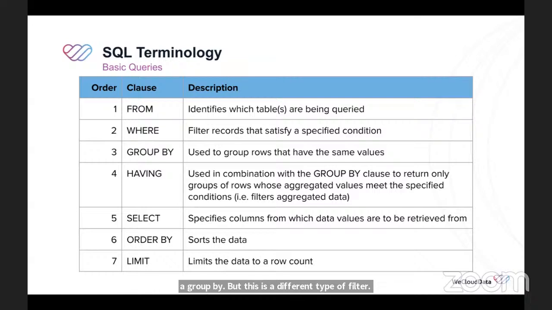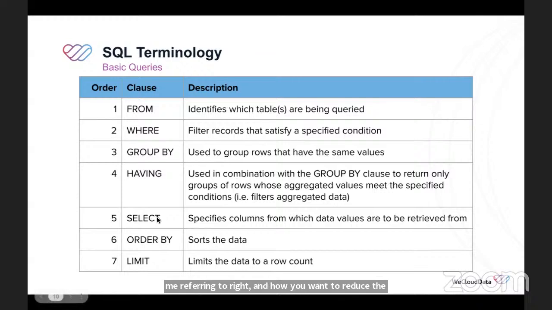It's also a row-wise reduction, but the difference between having and where is when we use it and which columns we can use them on. Okay, so again, we'll talk about having later on, but just know that there's two ways to filter out the table row-wise. Okay, and it all depends on which field or which column you're referring to, right? And how you want to reduce the table, reduce the results.